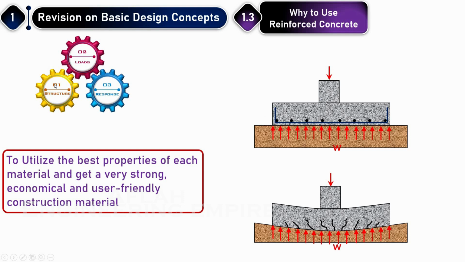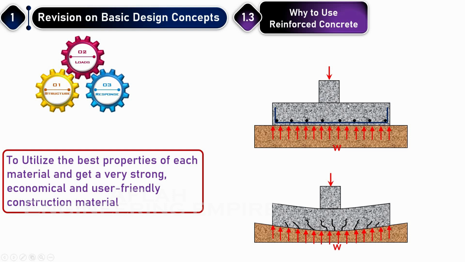Understanding the structure load response and the material properties of each material will give us the skill and knowledge to use the materials in a very professional way, systematically as required. So this is how you will use the reinforcement and the concrete accordingly.